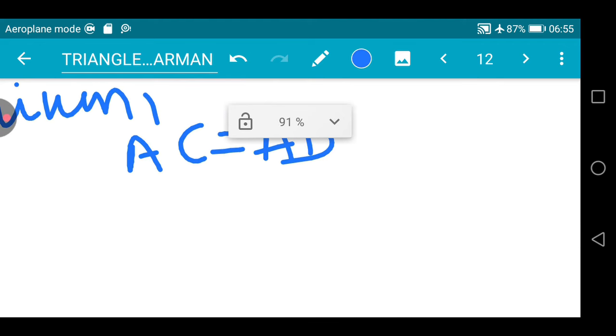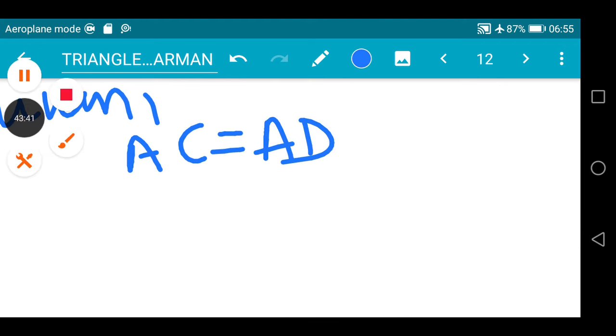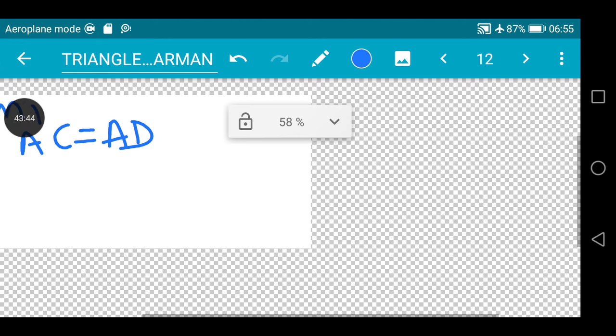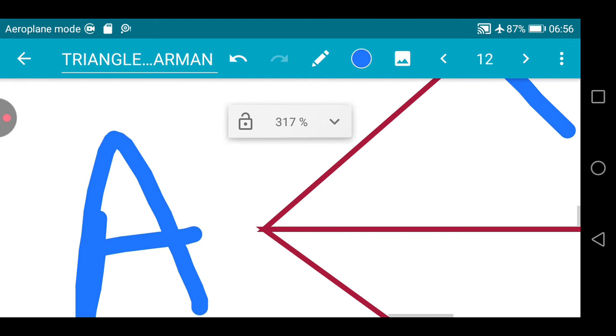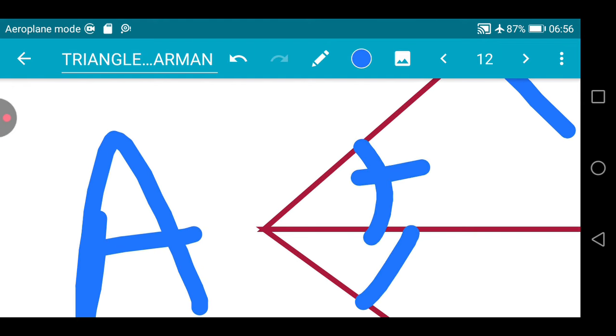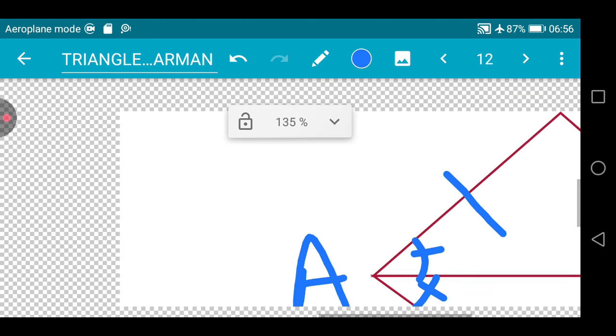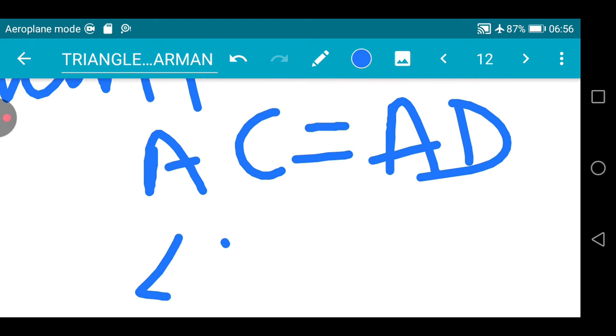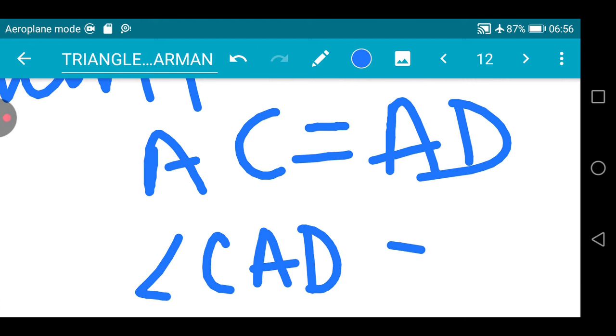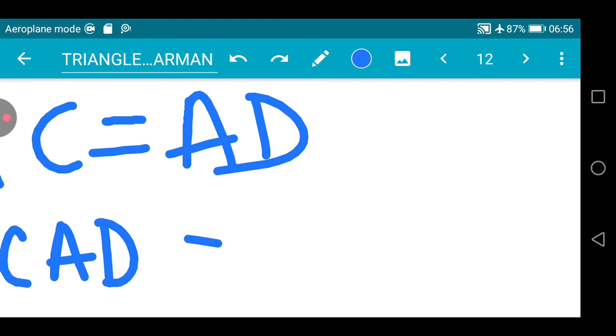AB bisects angle A. AC equal to AD. AB bisects angle A, so this angle will be equal to this angle. It's given. So what you can write? Angle CAB, that's why naming is important in triangles, equal to angle DAB.